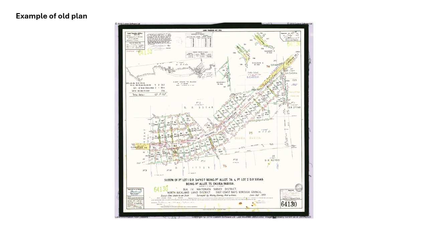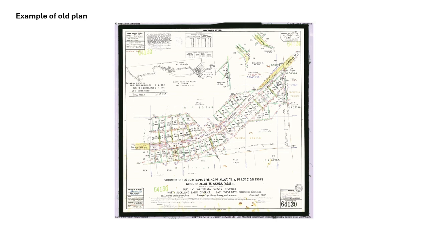Cool, so a few things I just want to highlight quickly. If you look up on the plan, you can see that the total area shown is in acres, roods, and perches. You can also see that on the individual blocks.